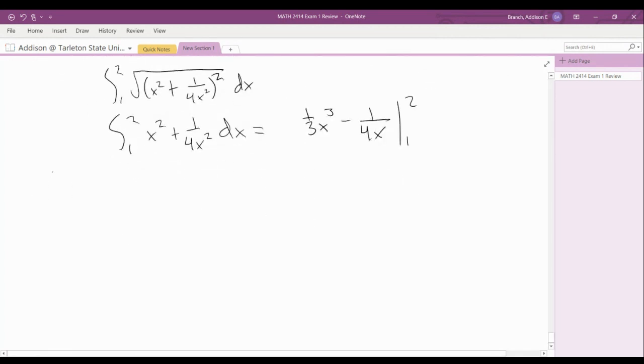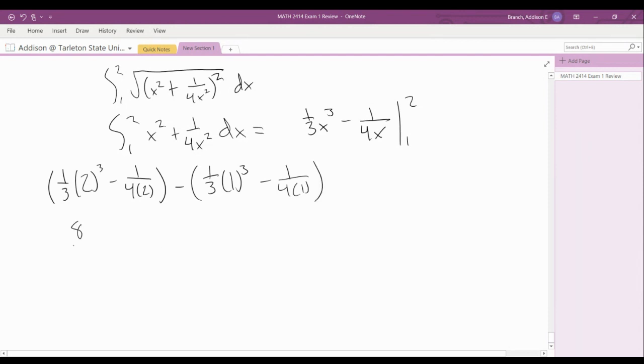Then we get 1/3 times 2 cubed minus 1 over 4 times 2, minus 1/3 times 1 cubed minus 1 over 4 times 1. We get 8 over 3 minus 1 over 8 minus 1 over 3 plus 1 over 4.